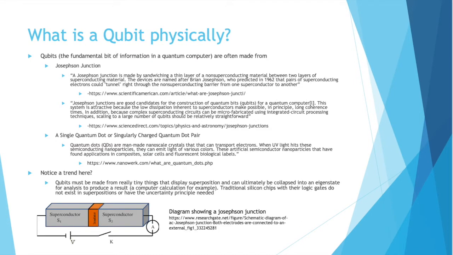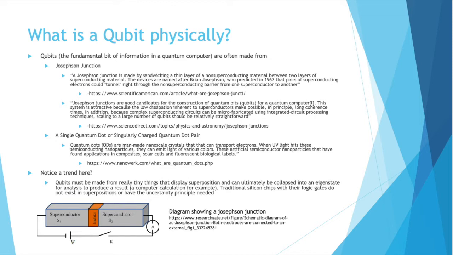A Josephson junction is made by sandwiching a thin layer of a non-superconducting material between two layers of a material that is superconducting. So it's like a superconducting and non-superconducting sandwich. Josephson junctions are good candidates for qubits because they have low dissipation inherent to the superconductors they're made of.